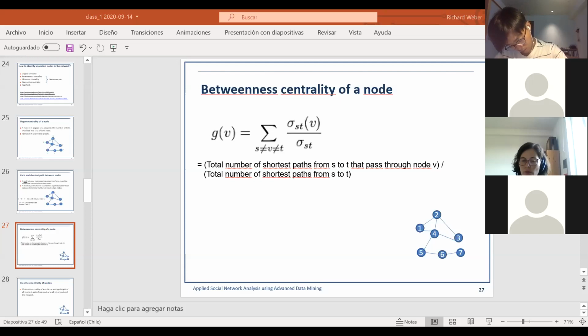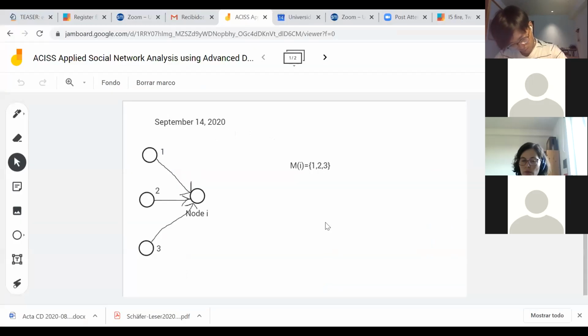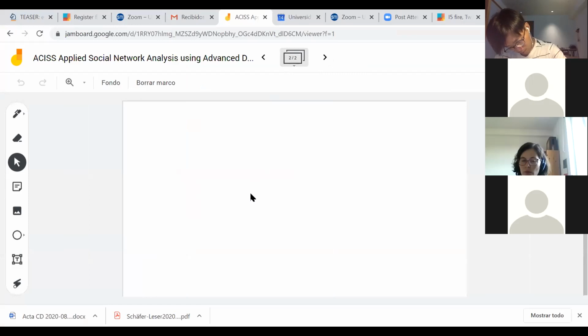Here we go. You can see my whiteboard, which says September 14. Yeah. Okay, thank you. So that's what I prepared for the PageRank algorithm. But before the PageRank algorithm, let's see an example of betweenness.